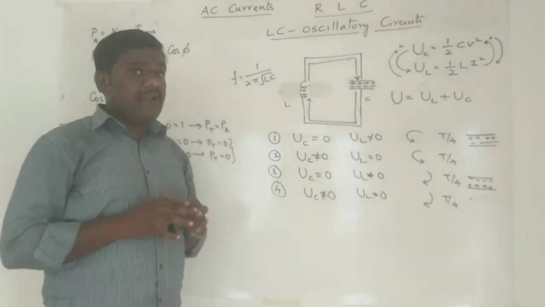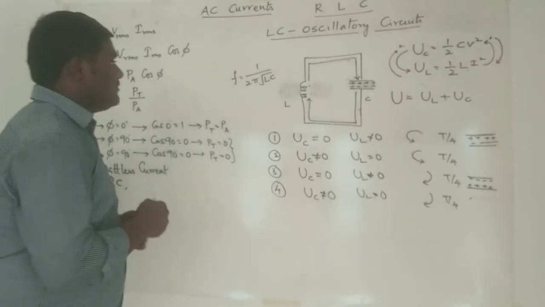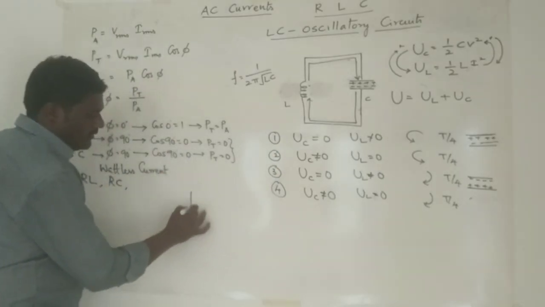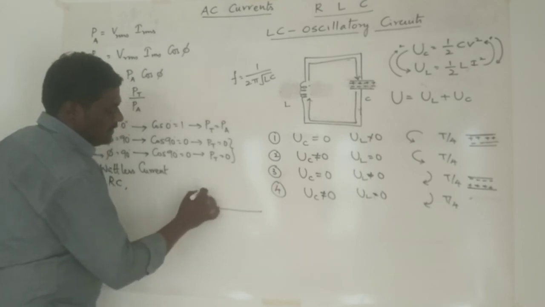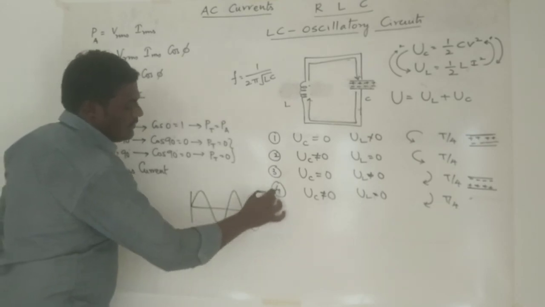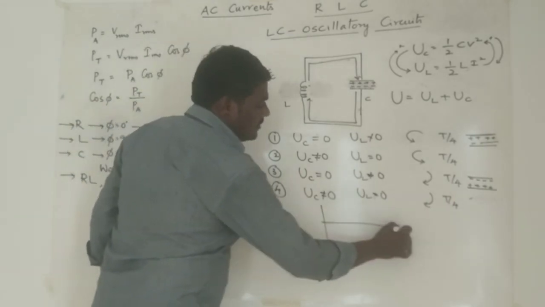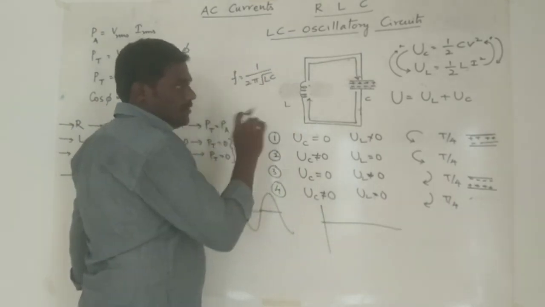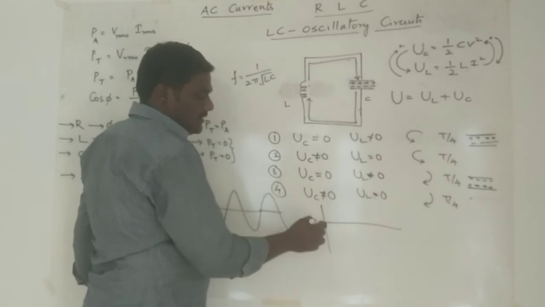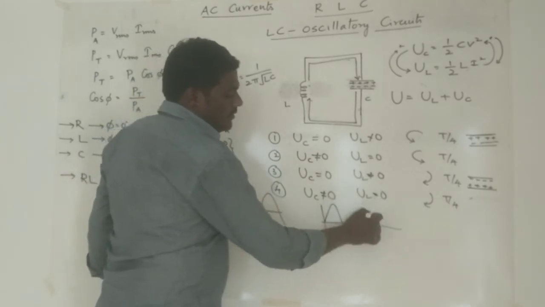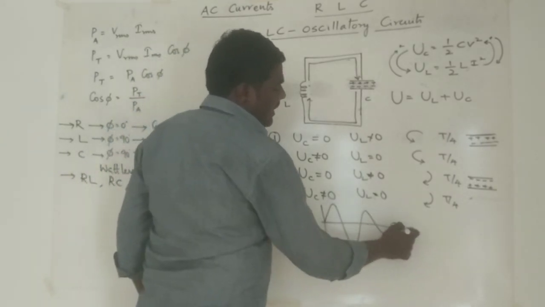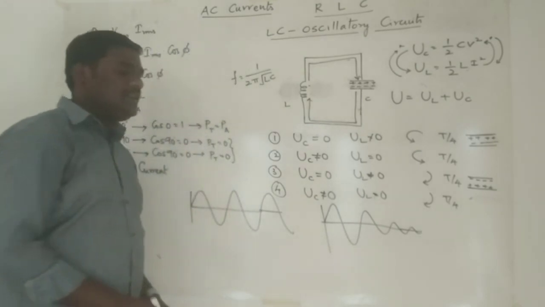But if you see frankly, the oscillations must be sustained. What's the meaning of sustained? See, in ideal operation, these are known as sustained oscillations. But if you take a true LC oscillator circuit, the oscillations are damped. The reason is why?